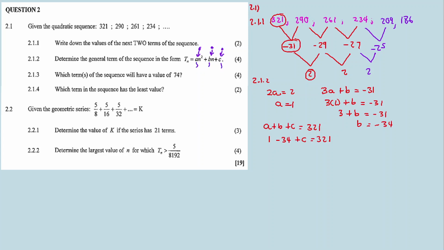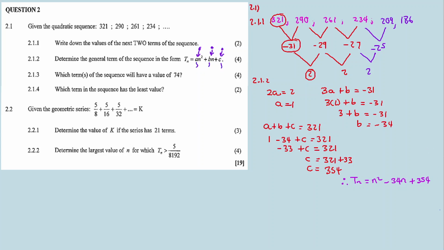It's minus 33. Minus 33 plus C is equal to 321. Then ngiyam transpose again lo 33, ufika ngale abe positive 33. Then the value for C is equal to 354. Therefore, this is our nth term or the general term.